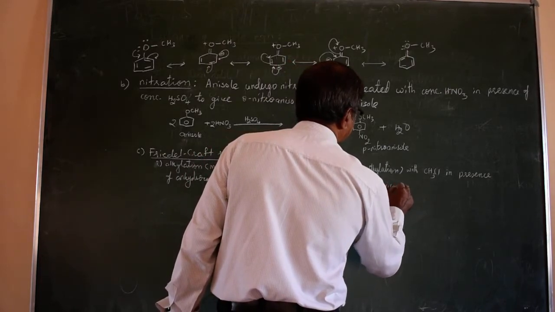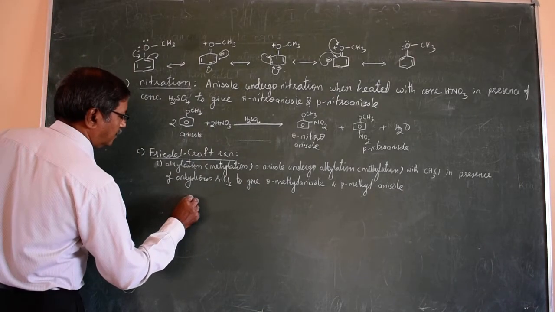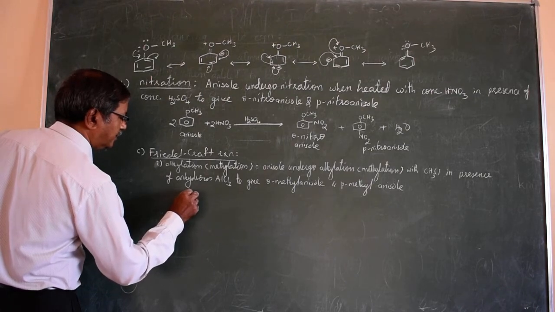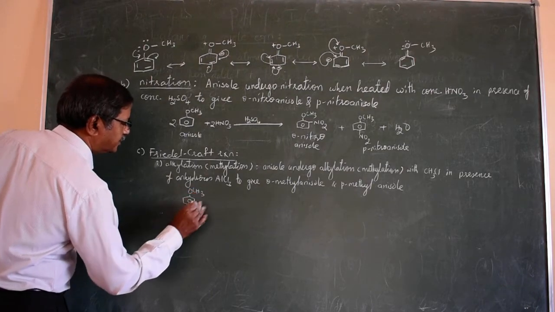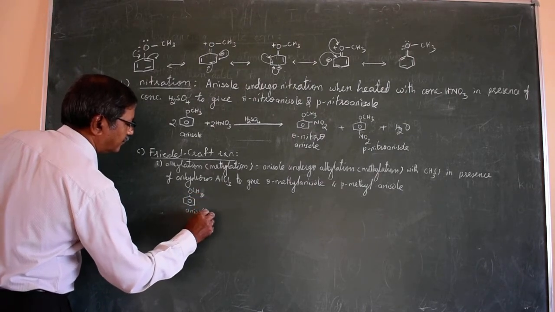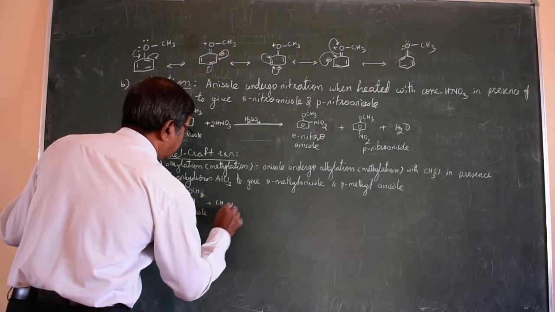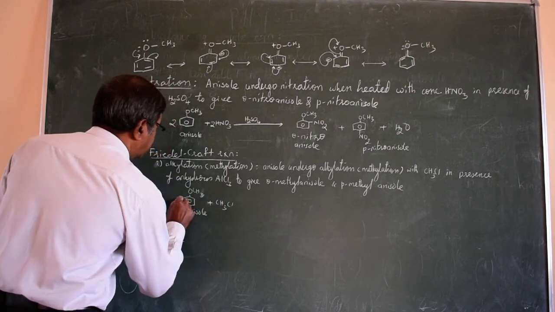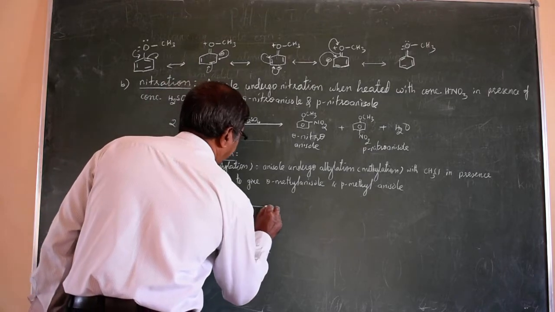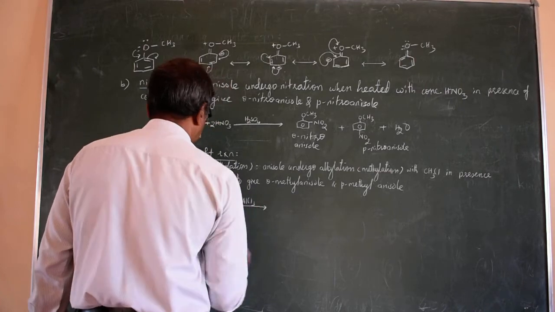So the question is, the reactant is anisole, OCH3, then CH3Cl, so 2 times. Here also we have 2 because we have 2 products, ortho and para, in the presence of AlCl3.